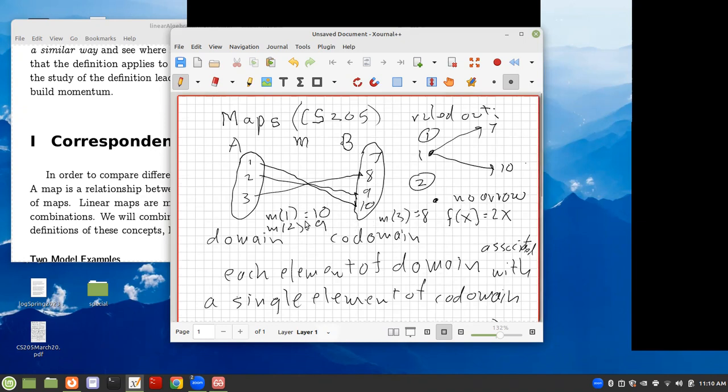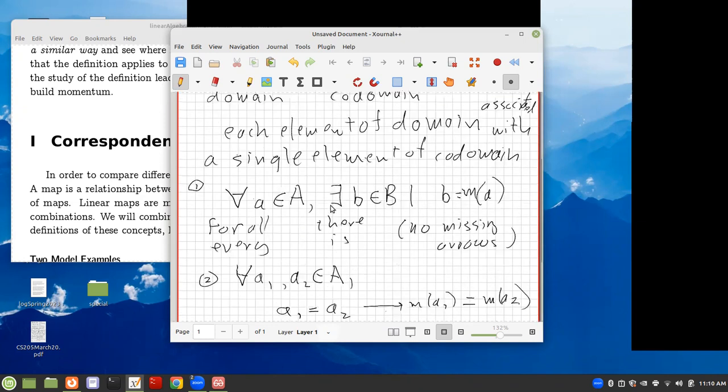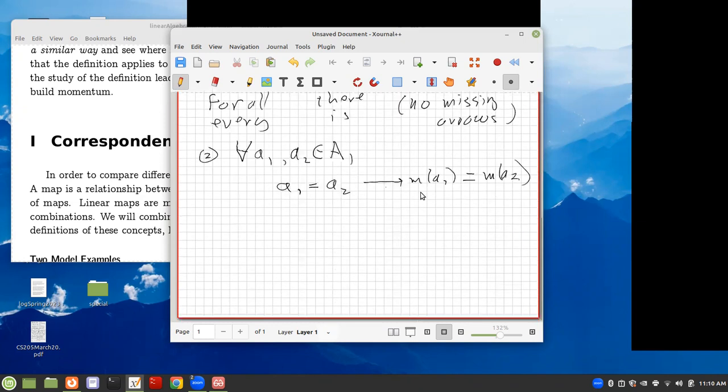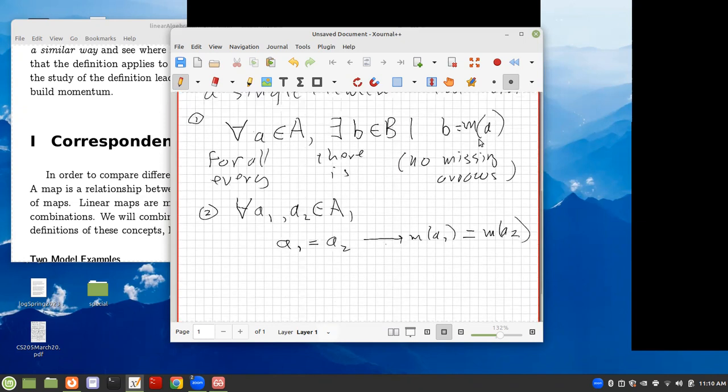So this is the input-output machine version of maps. This notation is being used here and here for the image of A.